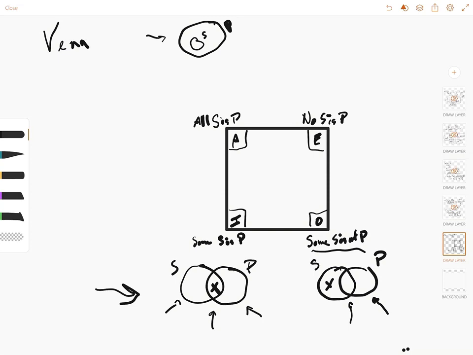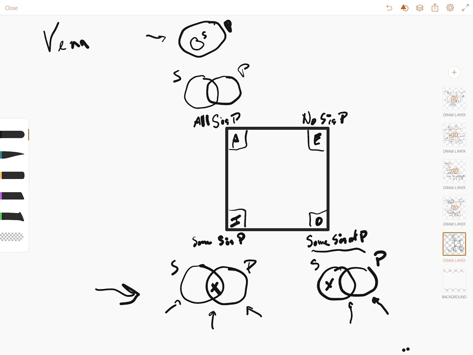So what we do instead is we use an empty diagram. We'll call it the schema of the diagram. The empty diagram is always going to be the two overlapping circles. Now we have a problem. That problem is, how do we indicate that all S's are P's?